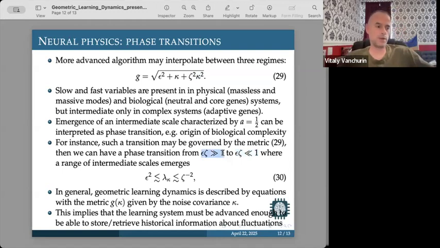There may be a regime where there is no effective learning, call it the physics regime in quotation marks. And then a phase transition takes place where you do have this efficient learning. Things start to behave very differently from physics, and you see this square root of kappa behavior. So we are attempting to interpret this phase transition as the appearance of complexity.